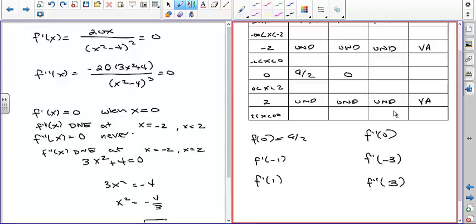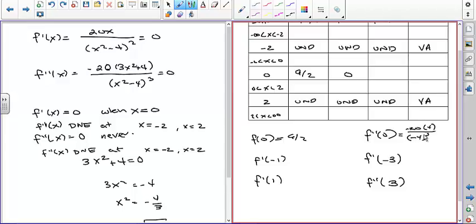Those are these parts. Well, this one's easy. If we put 0 in here, what will we end up with? You'll get negative 20 times 4 divided by negative 4 cubed.